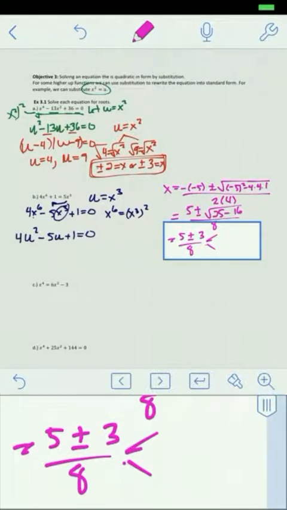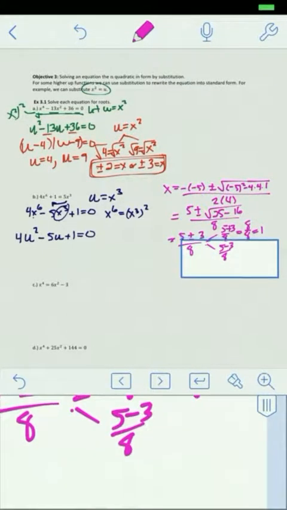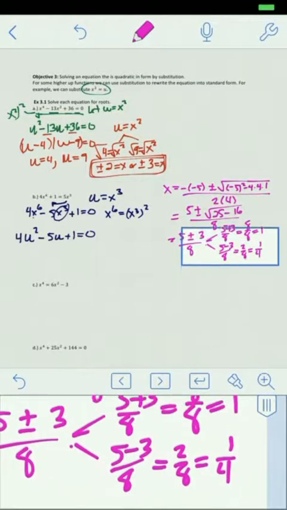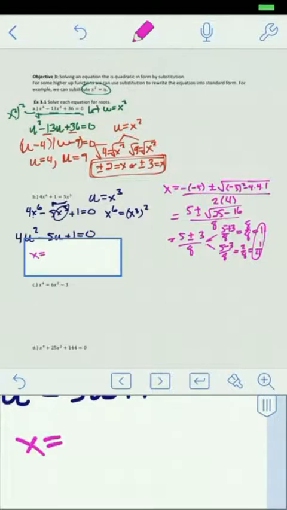And now I've got two answers. So 5 plus 3 over 8, and 5 minus 3 over 8. That would be 8 over 8, or 1. This would be 2 over 8, or 1/4. And those are my two solutions.